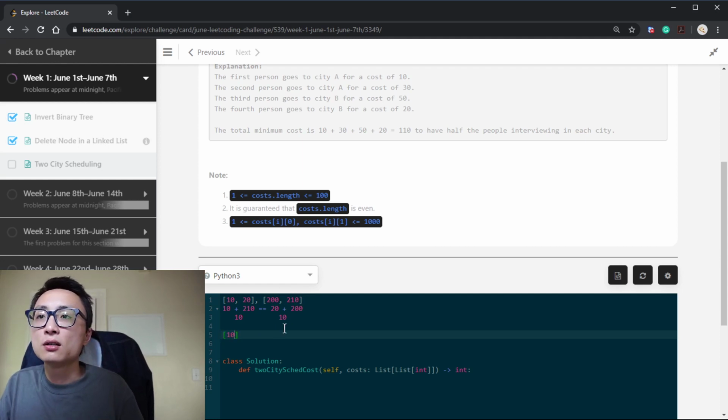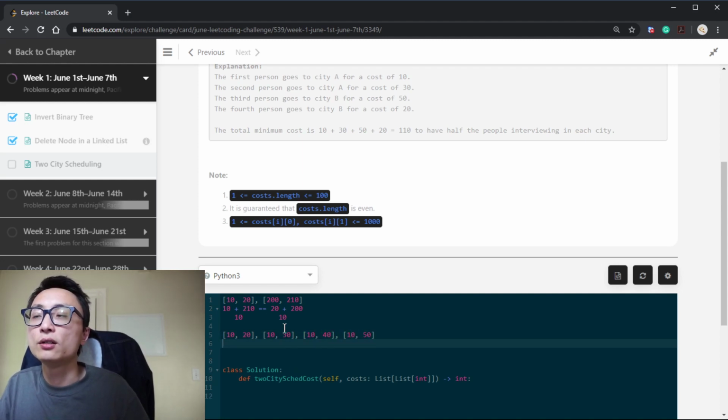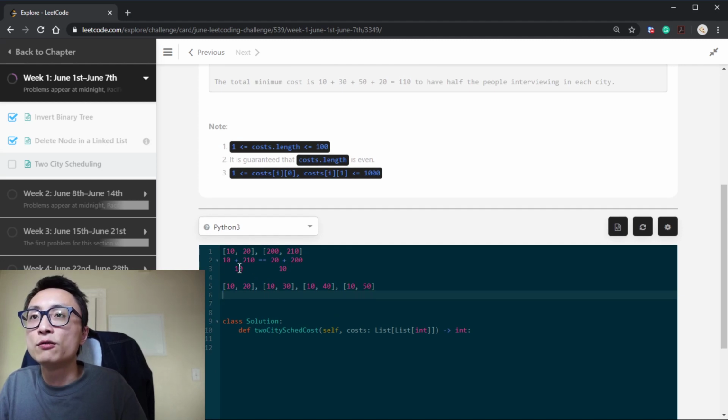So let's look at a little bit longer example. We have a slightly larger candidate pool, 4 people.